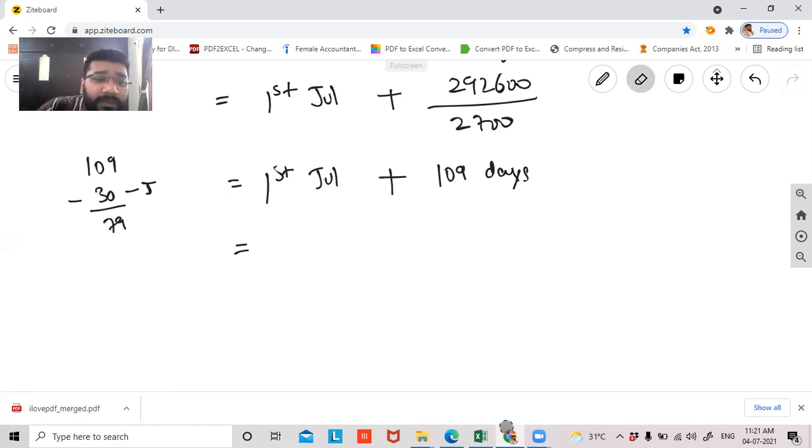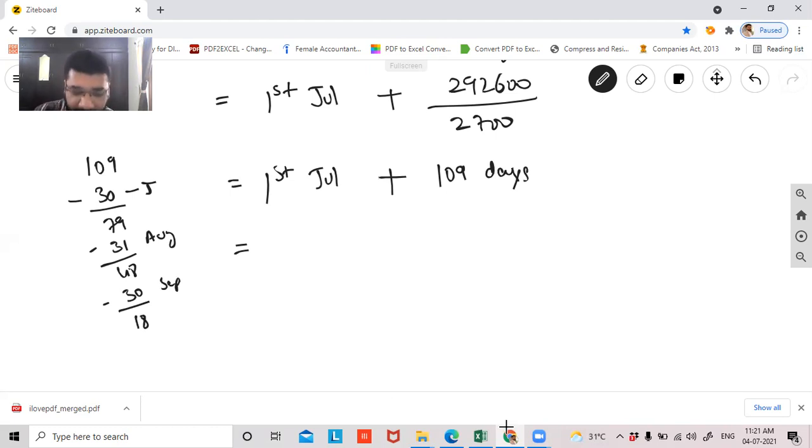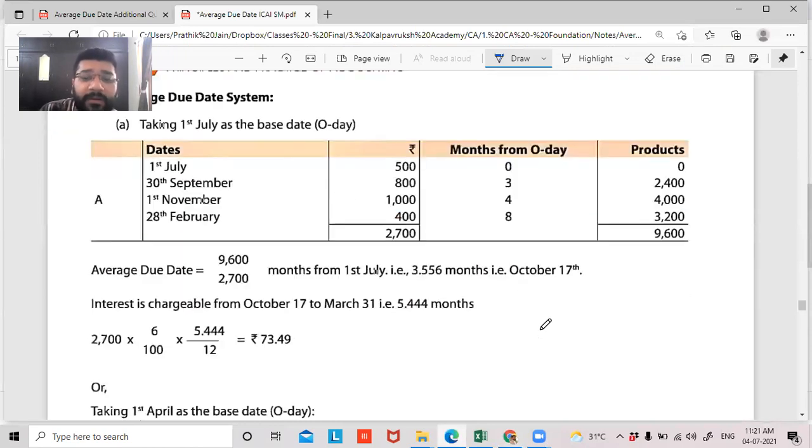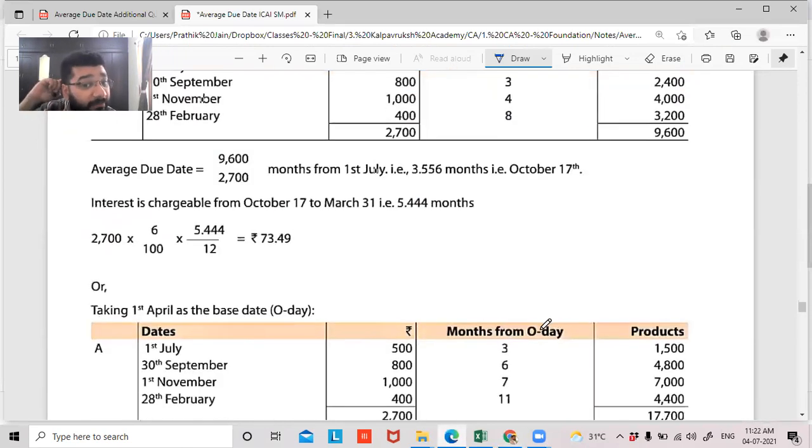Then 31 days of August is gone, so minus 31, it is 48. Then 30 days of September is gone. So 18th, guys, October 18th. In the textbook, it will be 17th October, but it's okay, we'll do 18th October. They have done round off, that's why they're getting October 17. We did round up, that's why we're getting October 18.